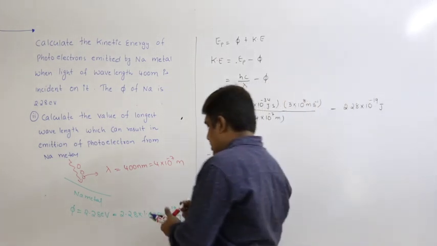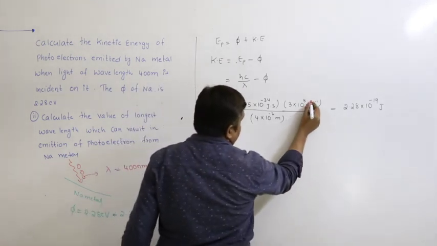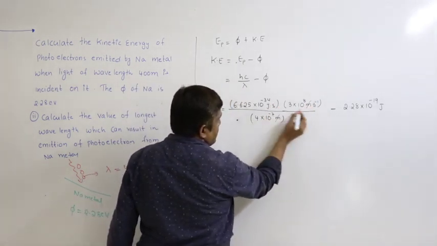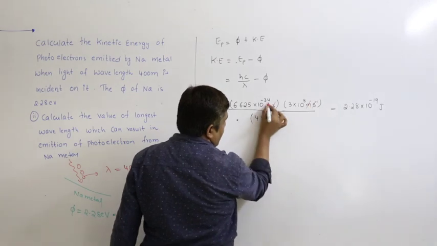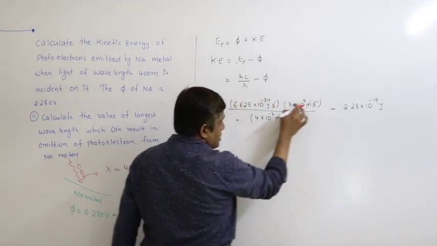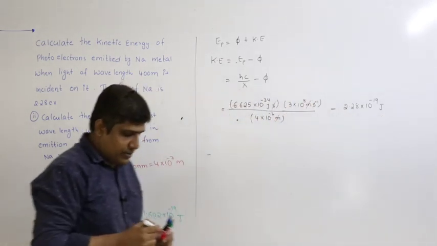So let us see what we will get for the units. Meter, second inverse. Leftover is joules. So this entire thing is in joules, and this is also in joules, so I can subtract.